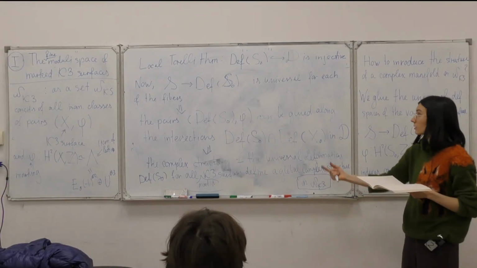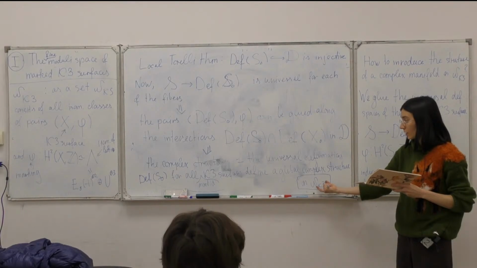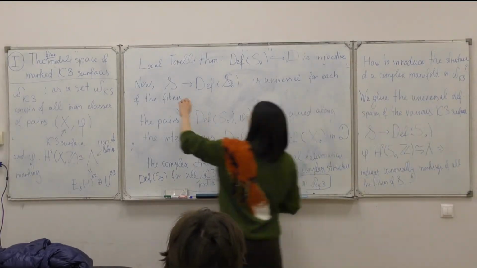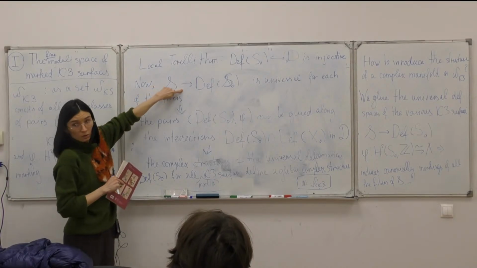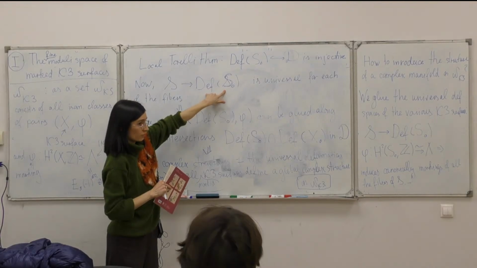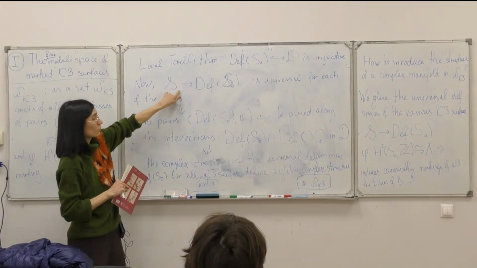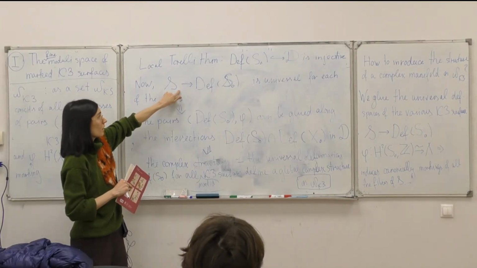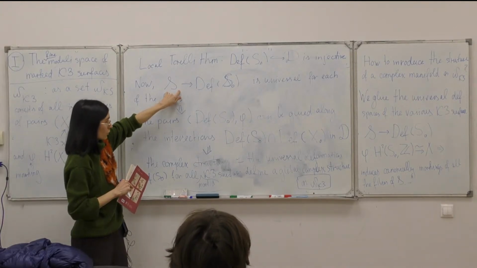Roughly speaking, to obtain a universal family on this set, we should glue the corresponding universal deformations. So we glued bases of these universal deformations, right? And now to obtain a universal family, we need to glue these universal deformations.